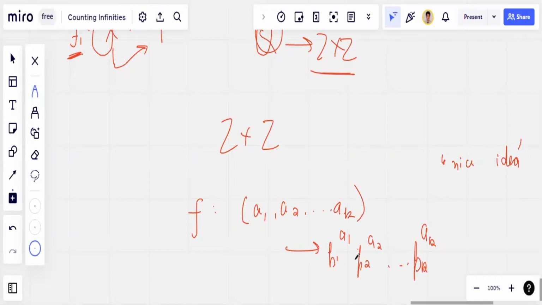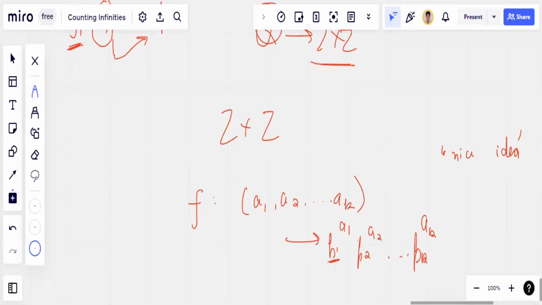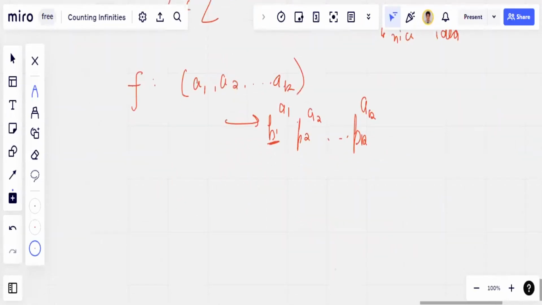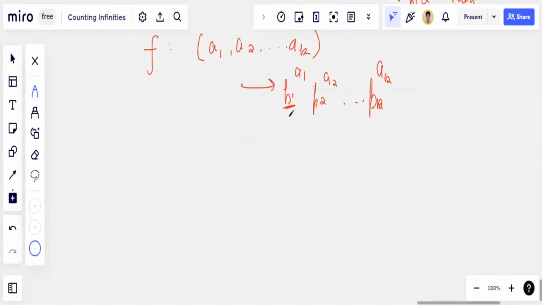So you can map everything to some prime to the power of something, and this map will always be injective because prime factorization is unique, basically the fundamental theorem of arithmetic. So this is a nice map, and that's the map we used for Z cross Z as well. Okay, so that was just an idea.